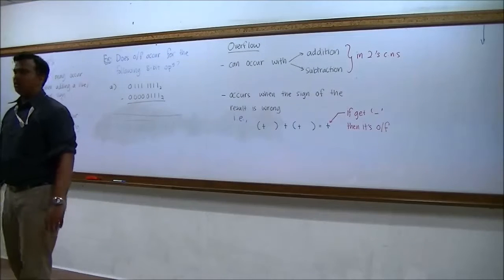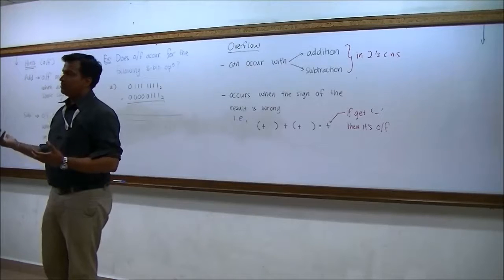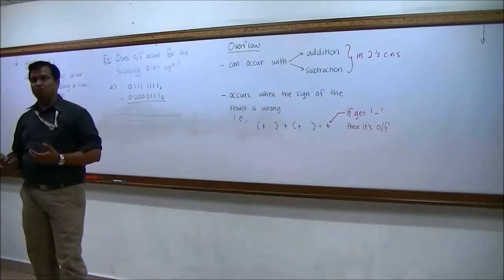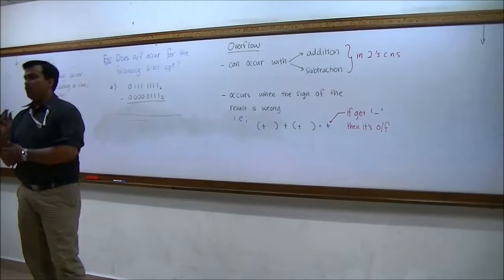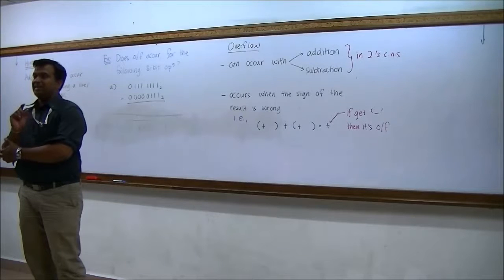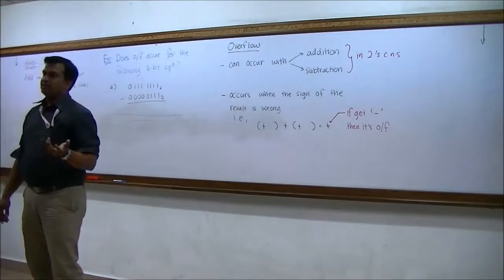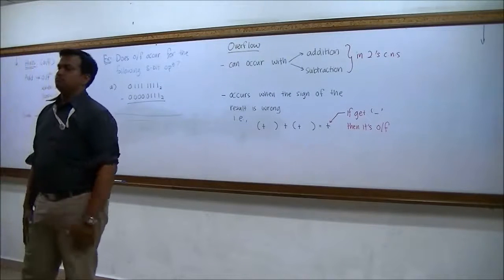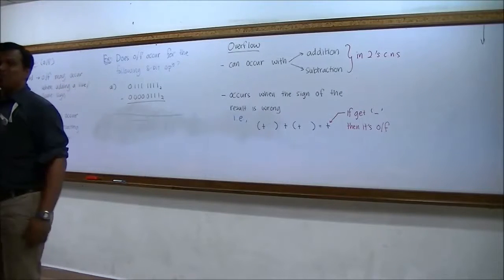So for example, if a positive number plus positive number is supposed to get positive, right? But if you get negative, that is overflow. Overflow means getting the wrong sign, not value. Overflow has nothing to do with value, it's the sign. The sign convention which matters. So let's take another example. Negative plus negative is supposed to get negative.